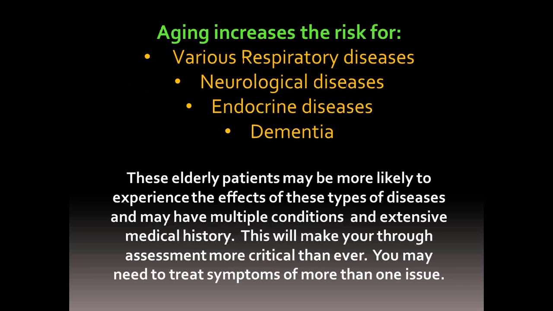So elderly patients, we talked about, can have different diseases and multiple conditions. It's up to us to sort out, okay, this patient is short of breath. Why is he short of breath? And look at that.